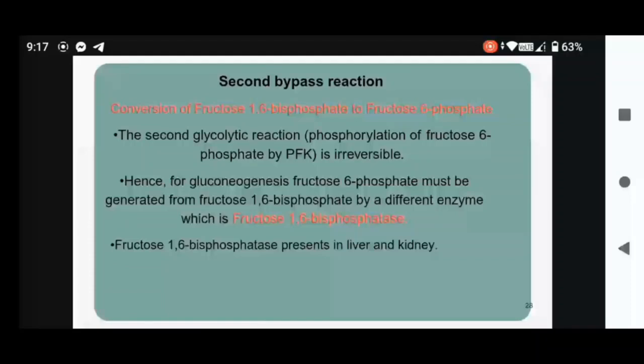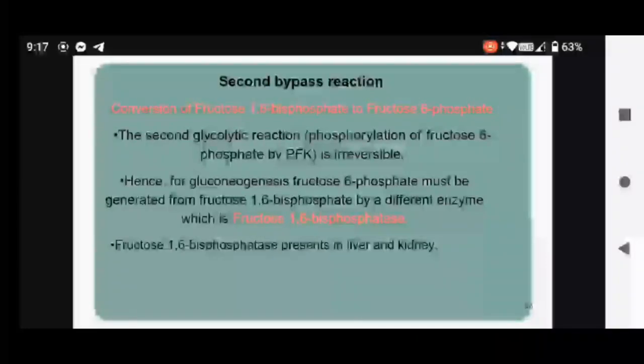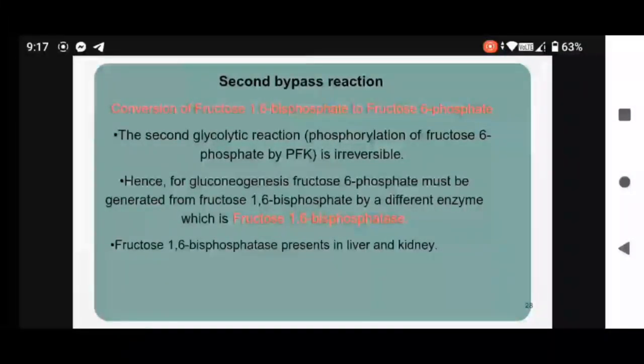This step bypasses the irreversible phosphofructokinase 1 or PFK1 reaction in glycolysis. This is a hydrolysis reaction, not a reversal of glycolysis, removing a phosphate group at carbon 1, and it also does not require ATP.